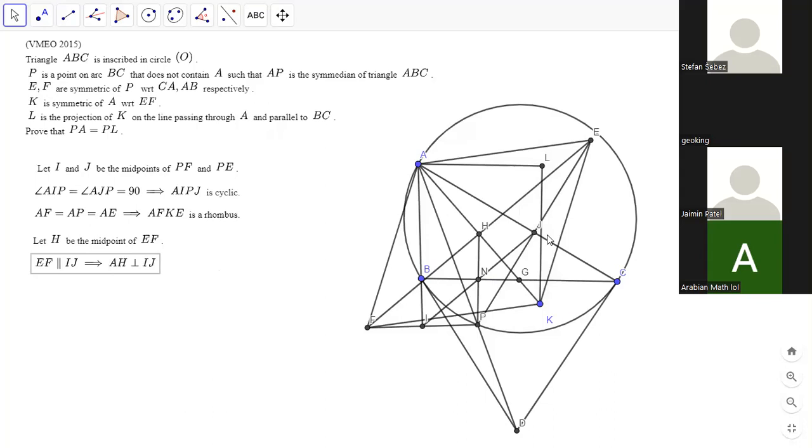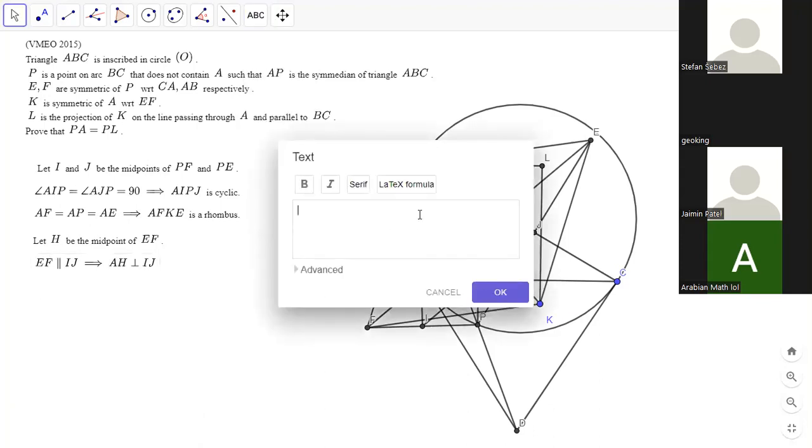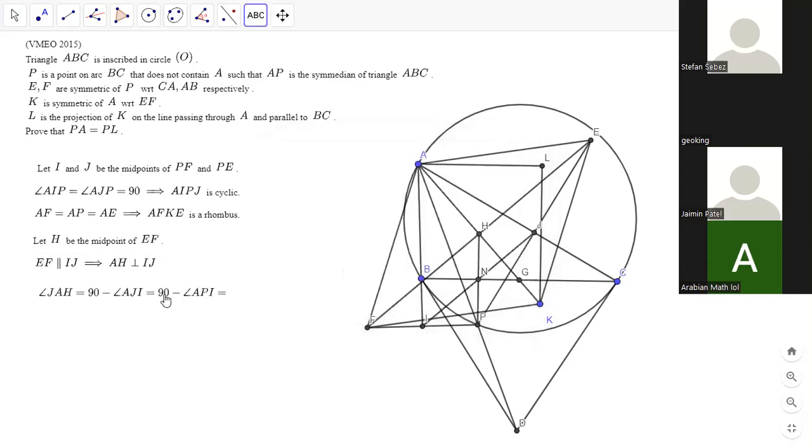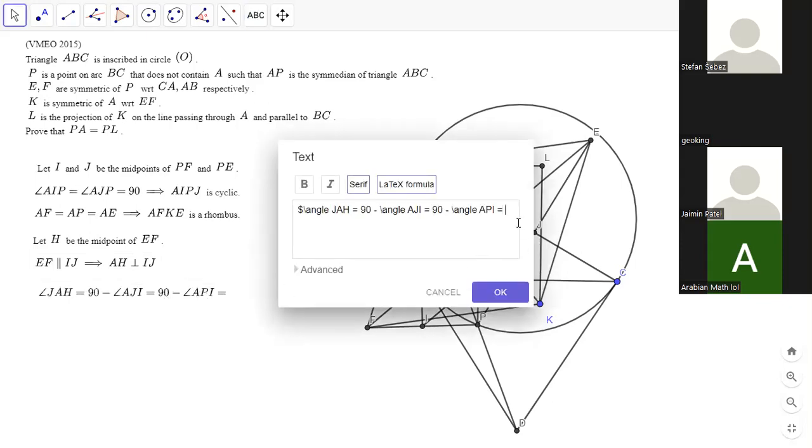And so that means that angle JAH is 90 minus angle AJI, which is 90 minus angle API, which is angle PAI. So that's how we know they're isogonal.